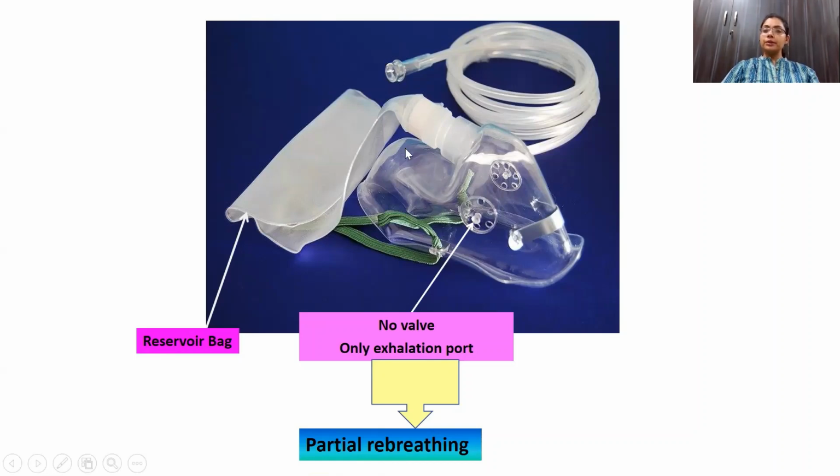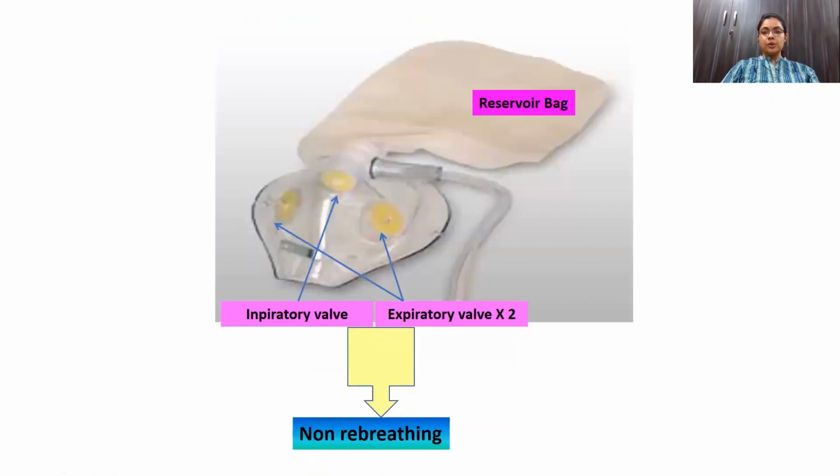So a partial rebreathing mask will have no valves in it, right? And as compared to that, in a non-rebreathing mask you can see three valves. This one is the inspiratory valve, which is located between the mask and the junction of the reservoir bag. And there are two expiratory valves which are located over the expiratory or the exhalation ports.